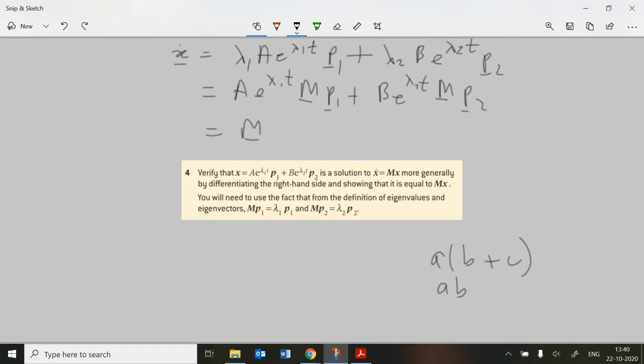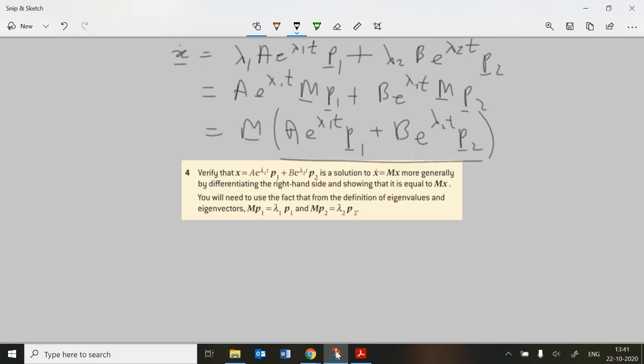So I'm taking the M to the front, leaving a e to the lambda 1 t p1 and b e to the lambda 2 t p2, and now you can see that this is just equal to x.